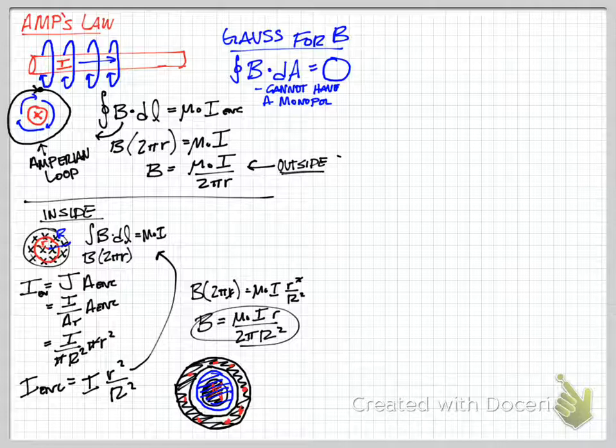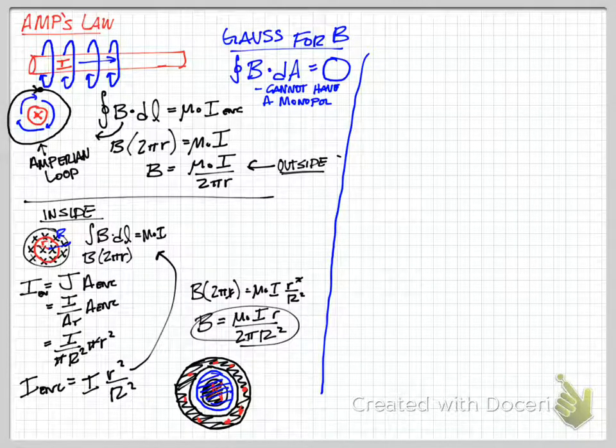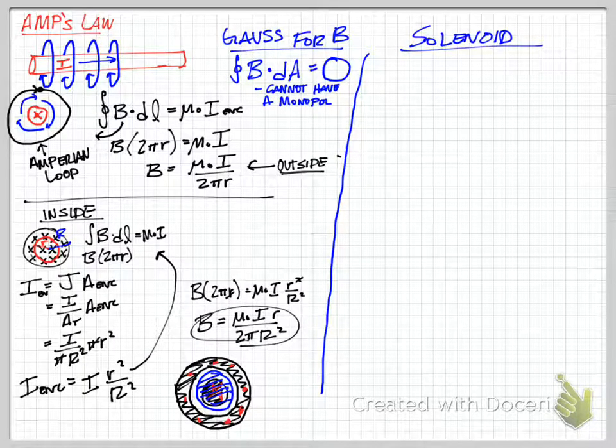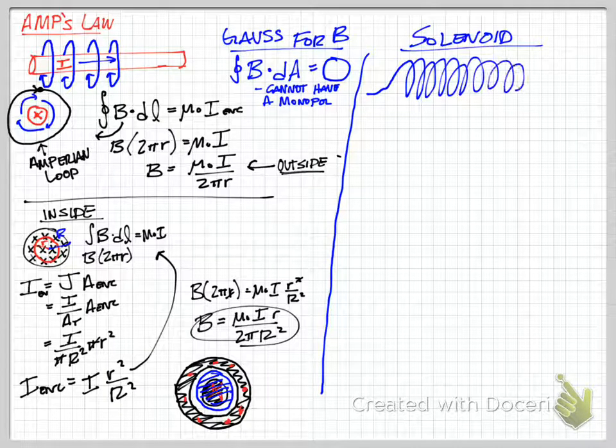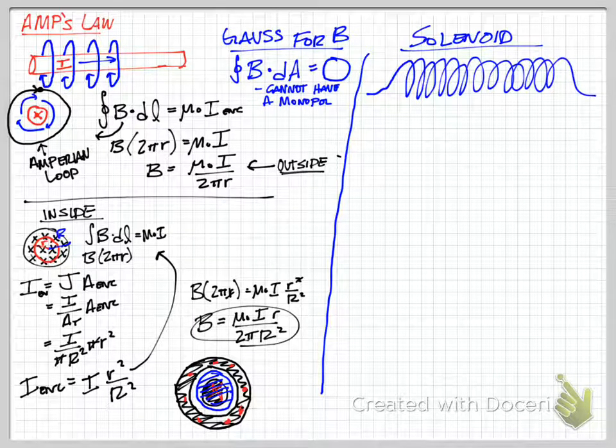Okay, so the next piece of this is the solenoid. And that's multiple wraps of wire with current running through it. So if we have current running in here, and we have multiple wraps of wire, solenoid running out. That's our solenoid. It's very long.